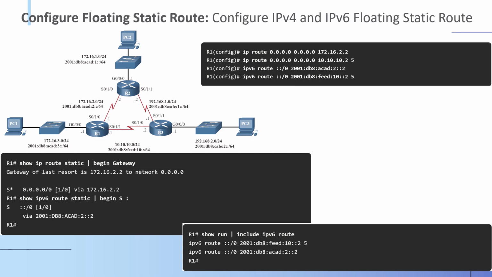So to see if we did a good configuration, and if the preferred route to reach the remote network fails, whether it will activate the backup line, which means the floating static route, we have to do a test.